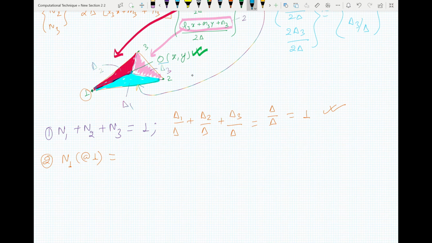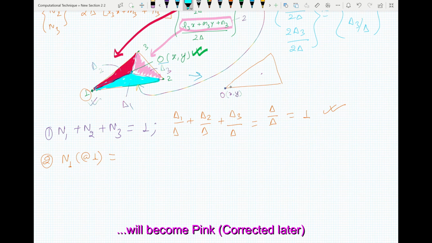This is our original triangle, and your point O shifted from here to here because we are trying to find the value of n1 at 1. So this is our O now, x comma y. When you move this one here, this whole area will become blue.